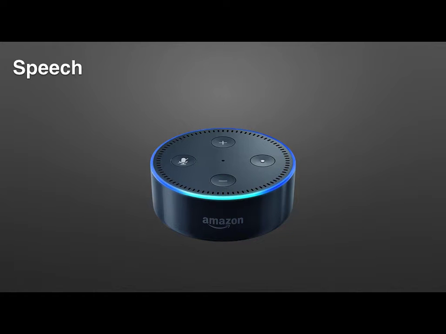And I should say, when we look at speech interfaces, in this case this Echo Dot, it has no visual feedback apart from this LED ring. More of the current devices may incorporate a screen as well, but it's also localizing where the speech is coming from in the room, which is pretty important.